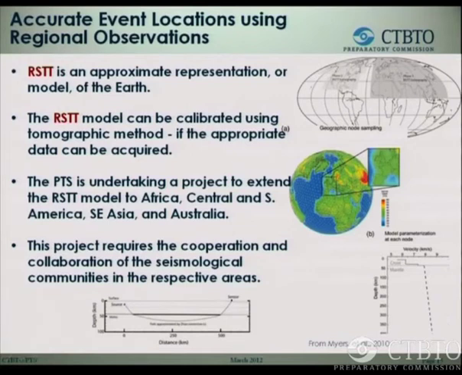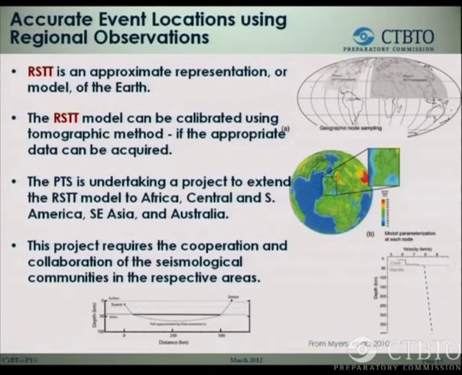There are many local and regional networks that can be used to help constrain ground truth event locations and provide accurate travel time measurements, and we need to identify these networks so that we may be able to assemble a set of events with what we call ground truth level 5, or located within 5 kilometers accuracy, which would be about the minimum accuracy required for a ground truth event.